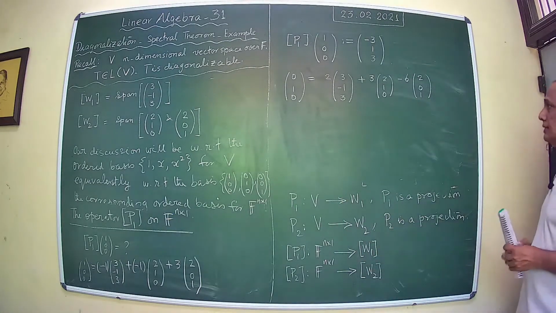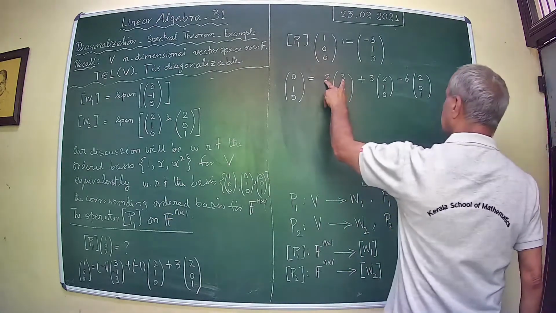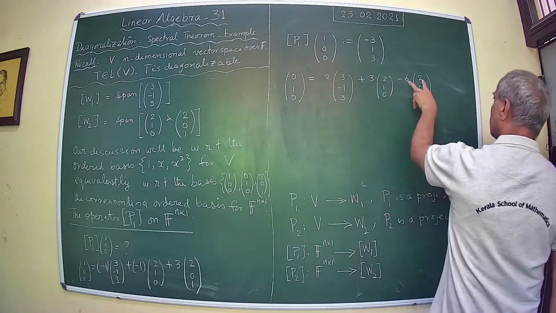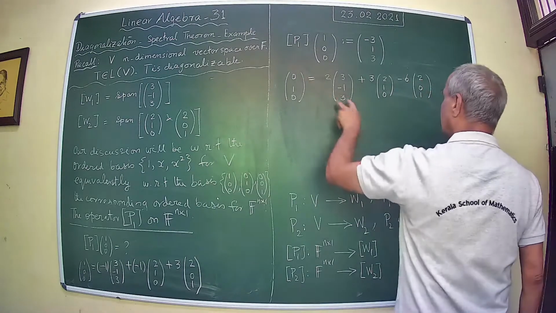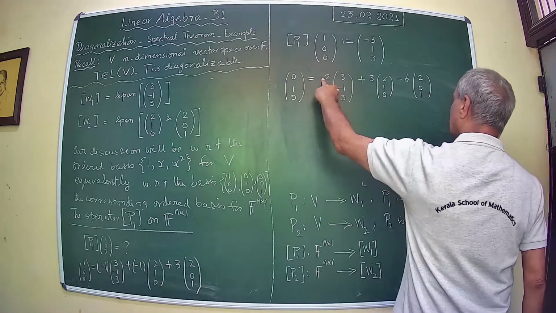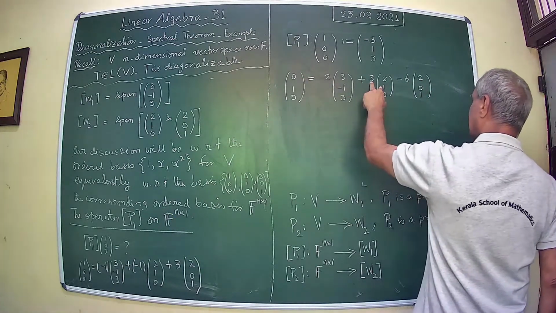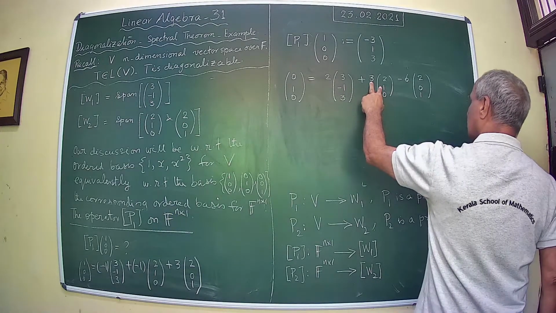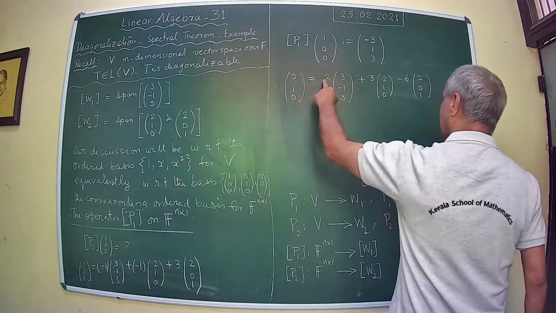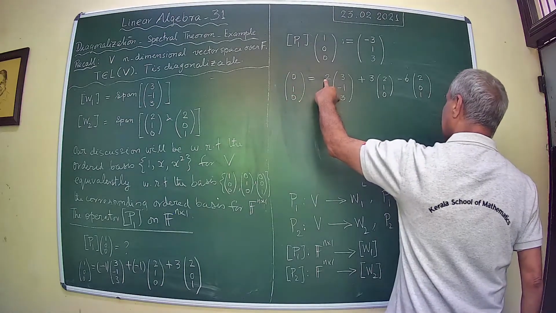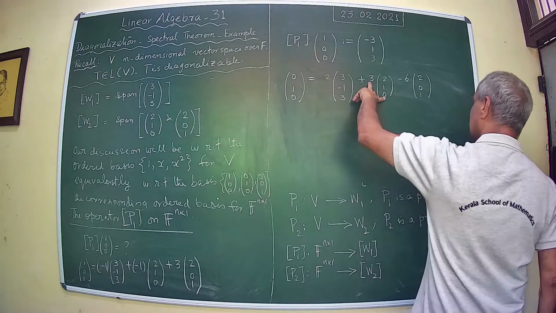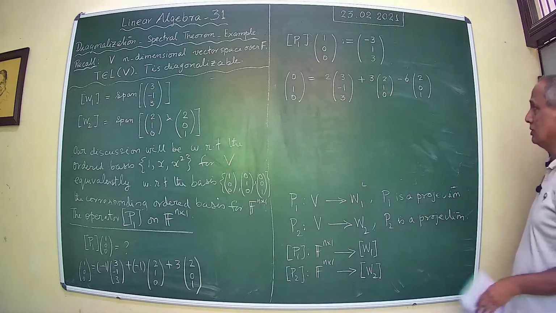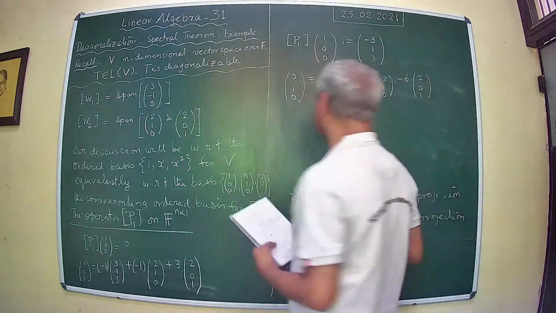You can quickly check. This is 6 plus 6, 12, minus 12, it is 0. Minus 2 plus 3, that is 1. And minus 6 plus 6, that is 0. So this is the correct resolution.